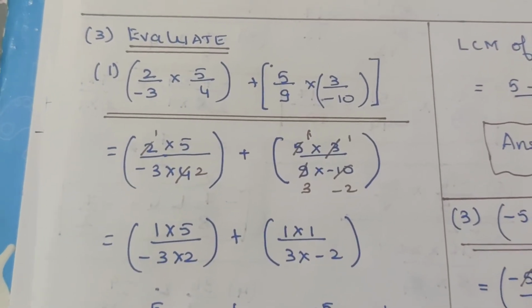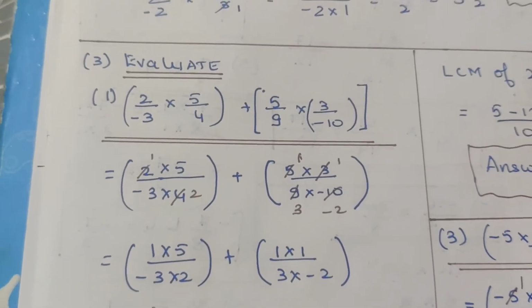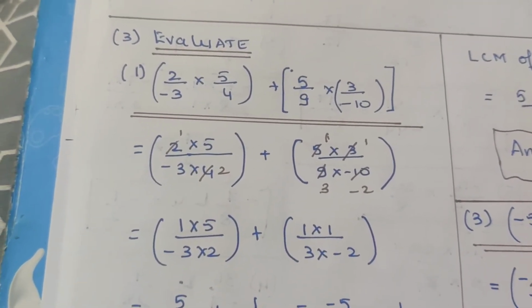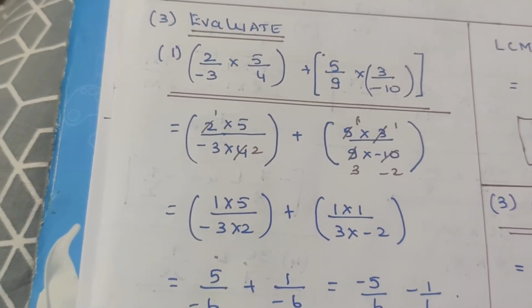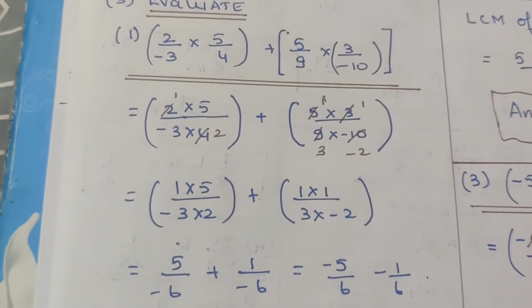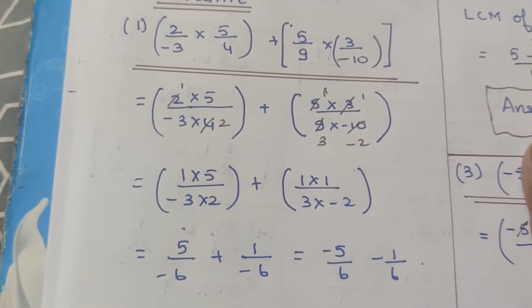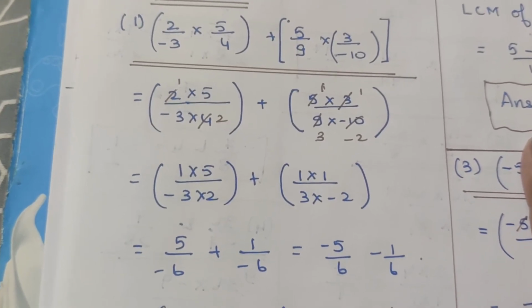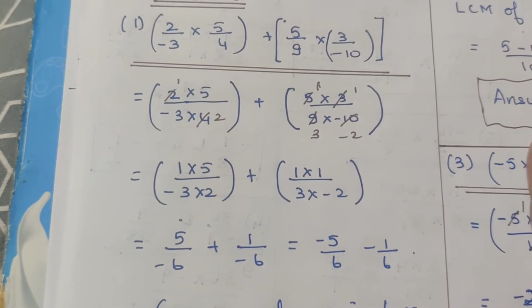2 by minus 3 into 5 by 4 plus 5 by 9 into 3 by minus 10. That's equal to 2 into 5 by minus 3 into 4 plus 5 into 3 by 9 into minus 10. After simplification, you get 1 into 5 by minus 3 into 2 plus 1 into 1 by 3 into minus 2. Therefore, 5 by minus 6 plus 1 by minus 6.